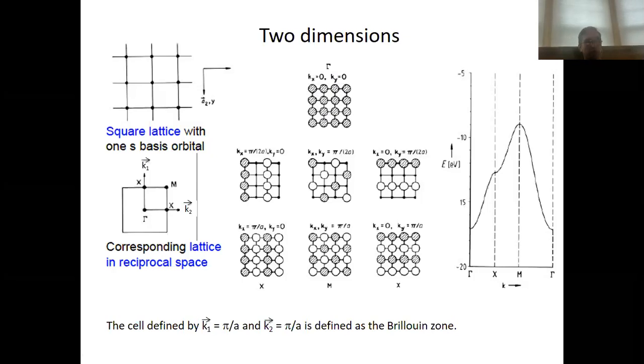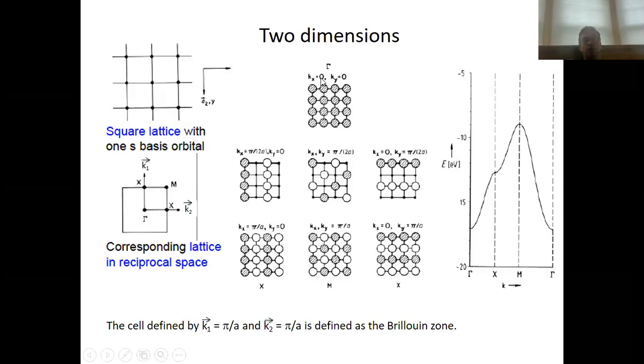It's intuitively clear that this crystal orbital will be completely bonding. We call the point at kx equal to 0, ky equal to 0 in the reciprocal space the point lambda.